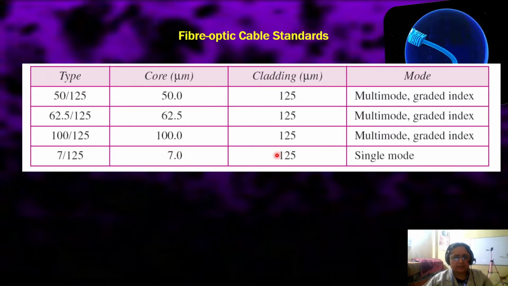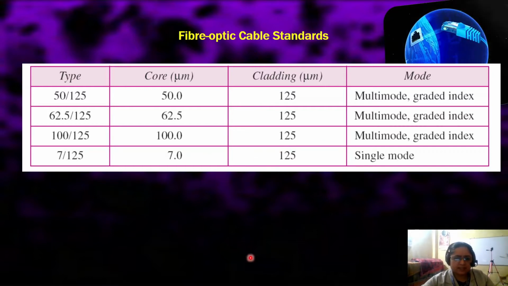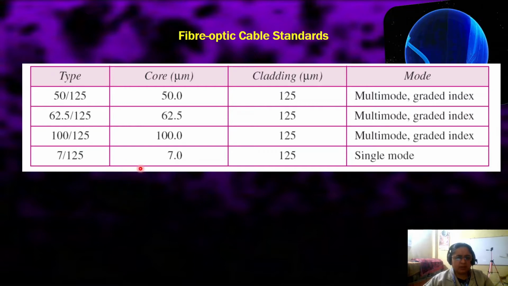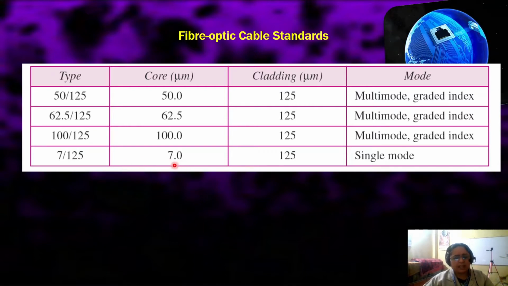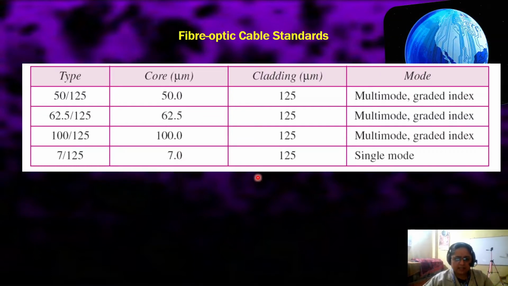There is a vast difference between the diameter of the core and the cladding, because of which, as the core is already very small, it just forces the light beam to move in a straight path.